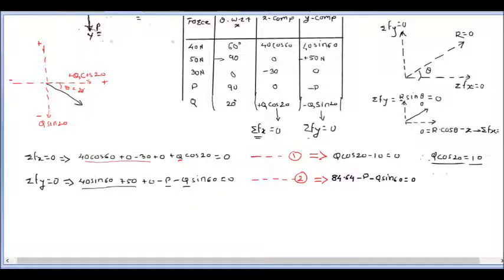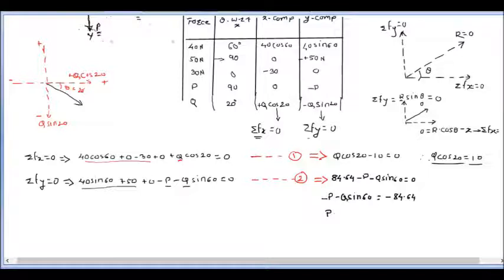Once again we can simplify this equation. So I will put all these terms here: minus p minus q sine of 60 is equal to minus 84.64. Simplifying this, I will just remove the negative sign from here.